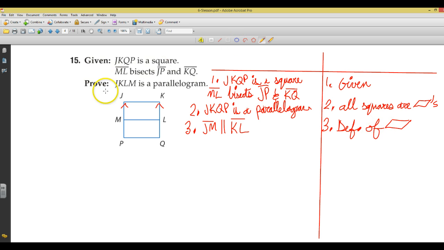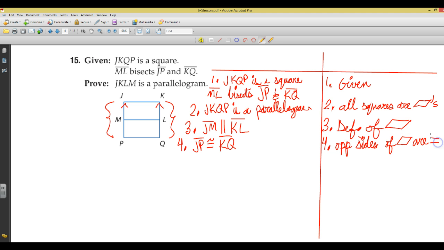We also know that opposite sides of a parallelogram are congruent, so we know that JP is congruent to KQ. And by the definition of congruent segments, we know that the length of JP is equal to the length of KQ since they are congruent.